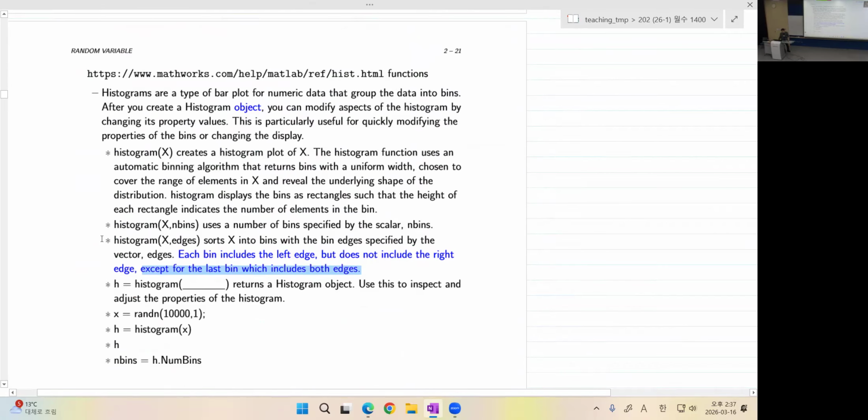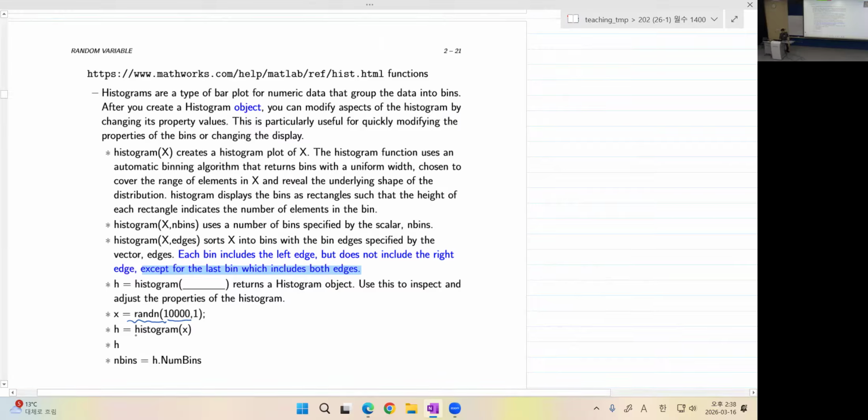Anyway, so using histogram, not hist, got it? You may draw a bell curve. For example, randn, the MATLAB command, gives you random normal numbers, random Gaussian numbers. This means that you generate 10,000 independent realizations of a Gaussian random variable.